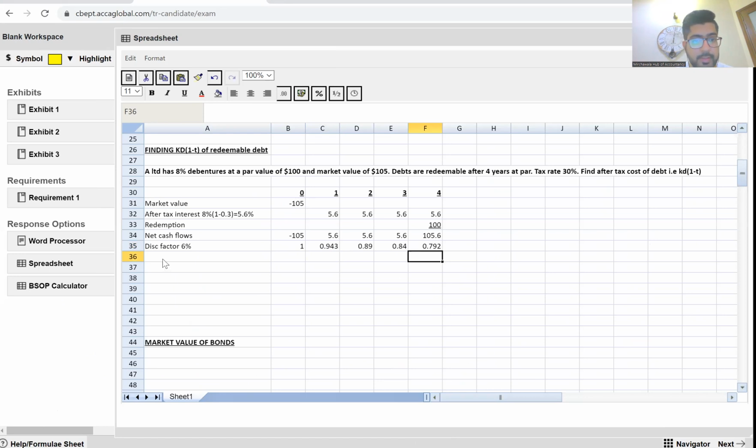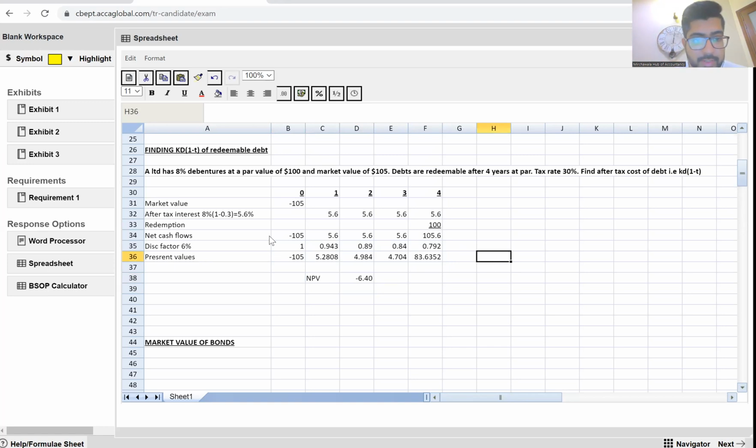Net cash flows into discount factor give you present values. B34 net cash flow into discount factor B35. No need to repeat, just drag. And you get NPV as the sum of all, B36 to F36. To 2 decimal places, it's negative 6.40.